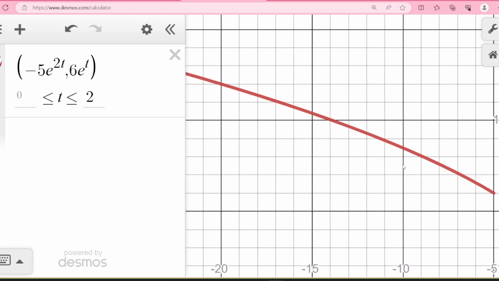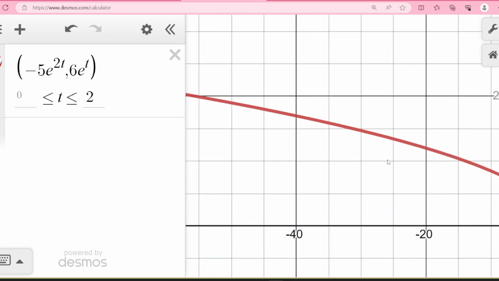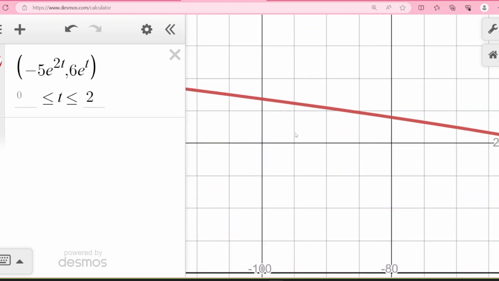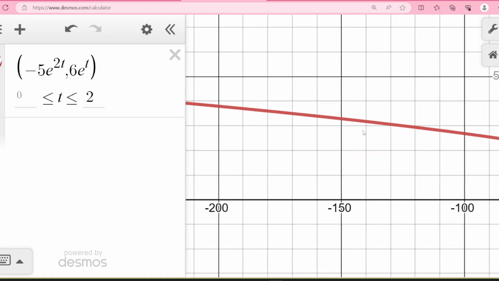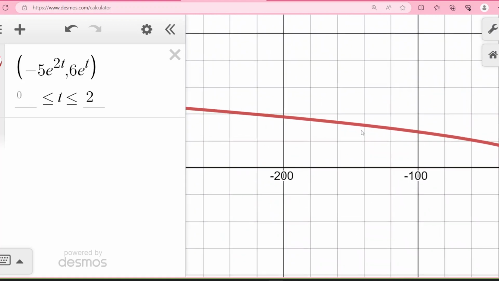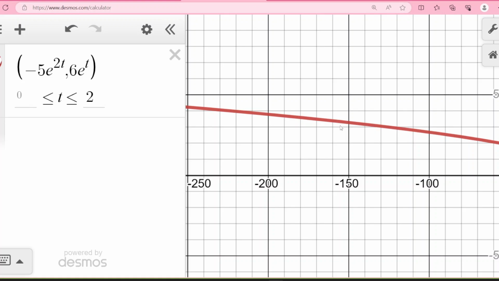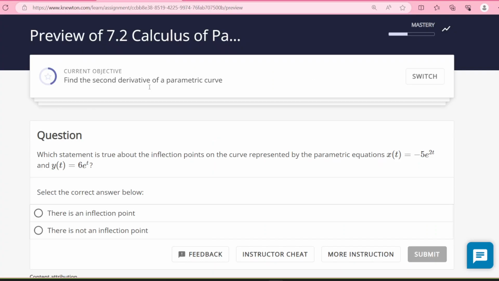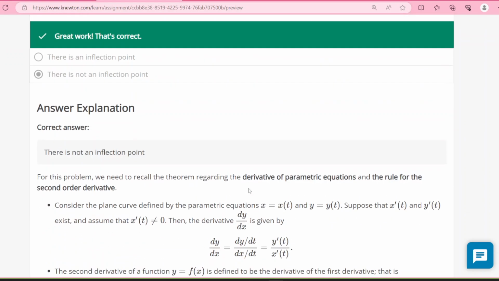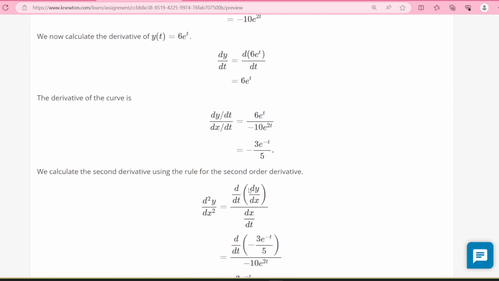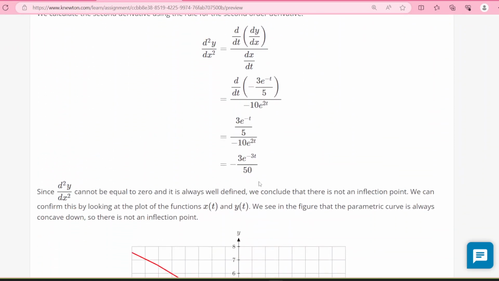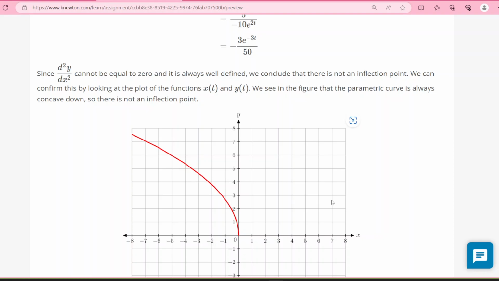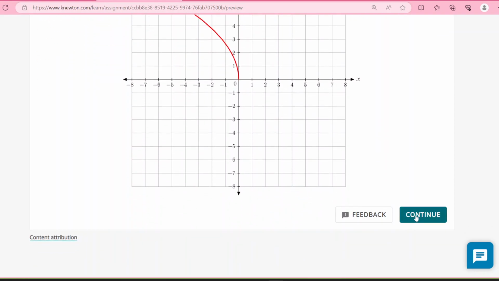And you see, even for just t equals 0 to 2 here, it's concave down. Right, definitely curling downward. But obviously it's always going to be concave down. No inflection points. There is not an inflection point, is what I'm answering here. So again, they take you through the derivation of the second derivative expression and say, hey, this is always negative. Look, it's concave down all the time.